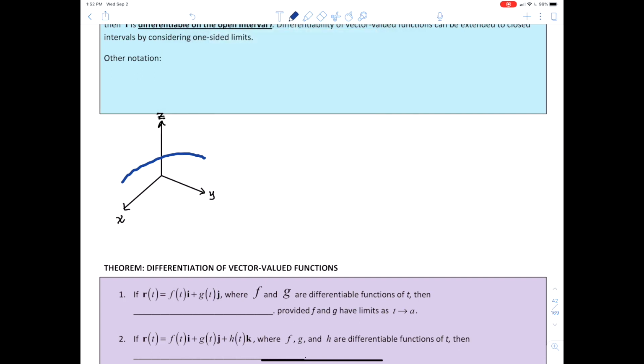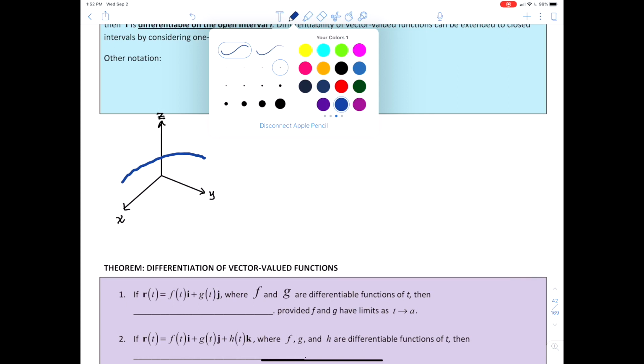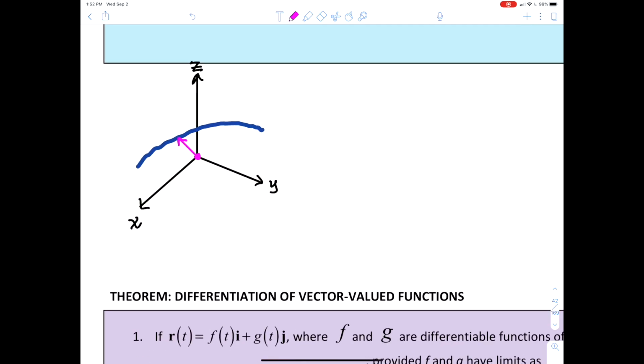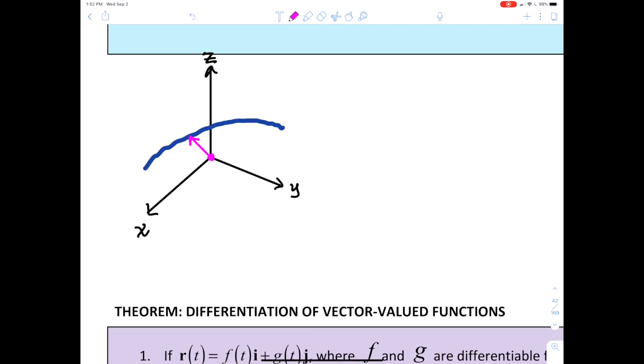And then what we have going on is you could have your vector, right? So let's say we've got this vector here, and we want some r at t vector, okay? So let's say that this vector here is r, vector r at t. Good so far? All right.